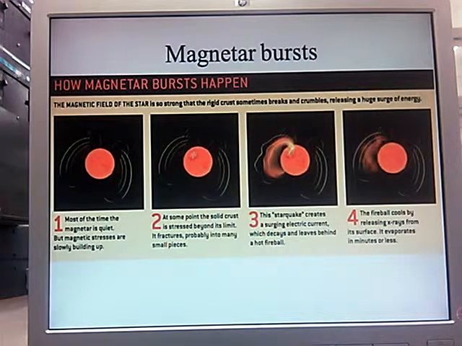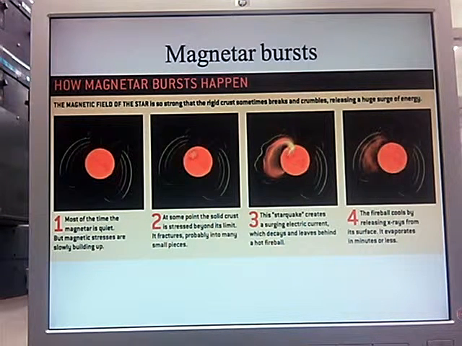Now, there's an interesting phenomenon that's worth mentioning while talking about magnetars, which is the fact that magnetars can have bursts of emission. The magnetic field in the star is still strong. We have this very strong field permeating regions of the crust.